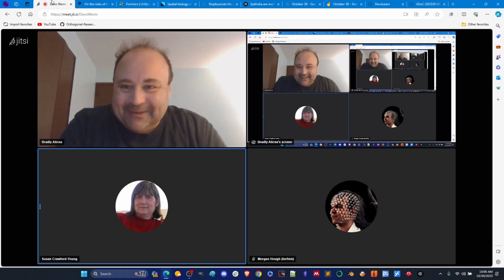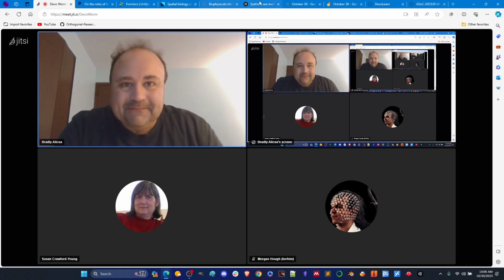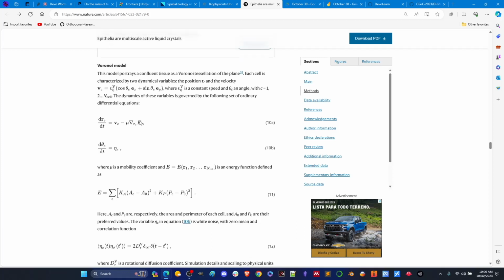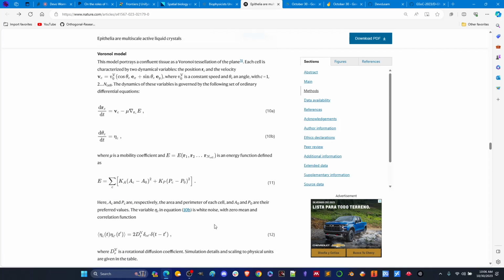That P number. Which one? P number in the Voronoi model. Oh, yeah. It's just how elongated the cell is. Okay. Yeah, this one here. If it gets elongated enough, then it's mobile. Then it acts like a fluid. Okay.